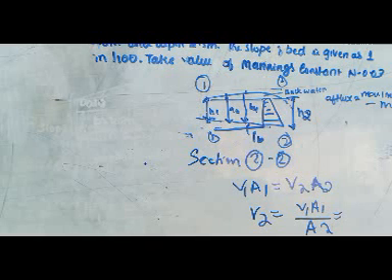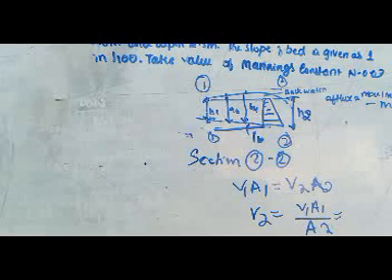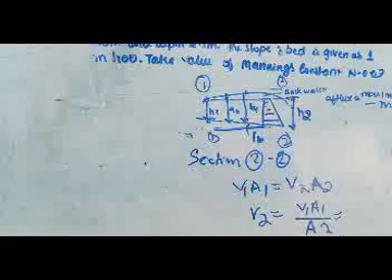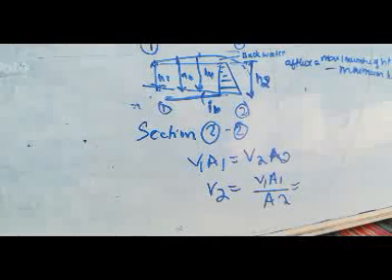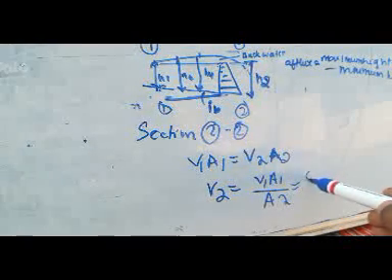V1 is equal to 0.54, and A1 is equal to 100 meter square. Sorry, A2 will change, because here H2 will change.